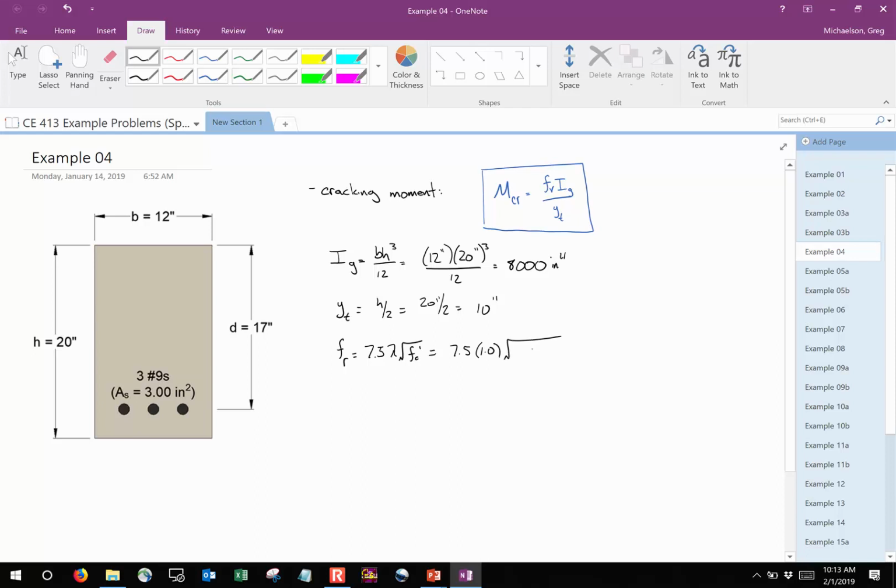And then what do I do here? Square root of what? 3,000. Remember, you put in PSI, you get out PSI. And so what does that come out to be? 410.8 PSI.